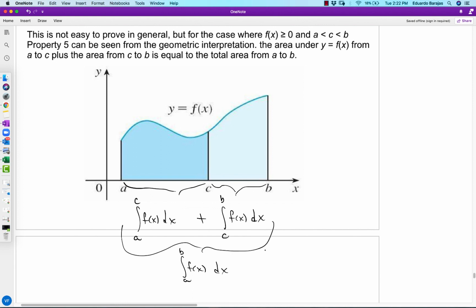We're not looking at cases where c is actually equal to a or c equals b, or where c might not be between a and b. So we're not considering any of those cases that might make things a little bit more confusing, but it's a very straightforward application, and it can be seen from common sense that if they're adjacent like this, then we can simplify it. Okay, but we're not going to worry about the proof of this at this point.